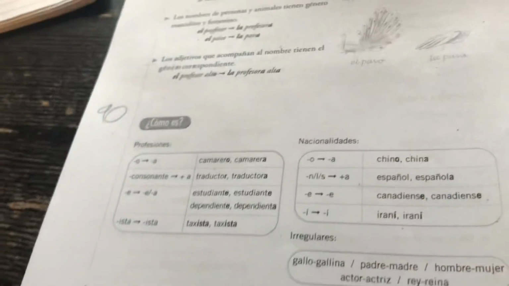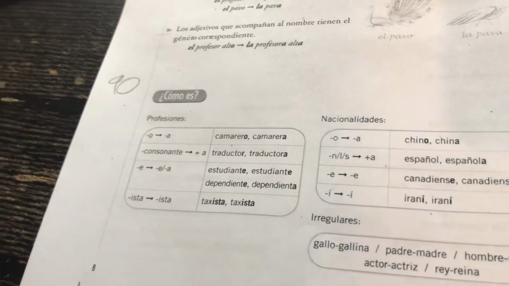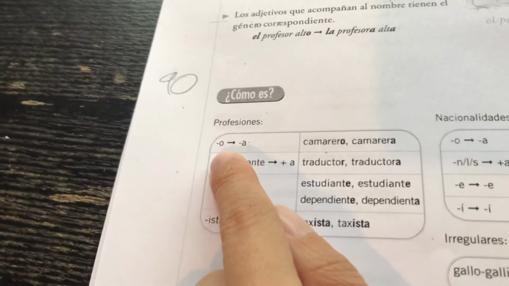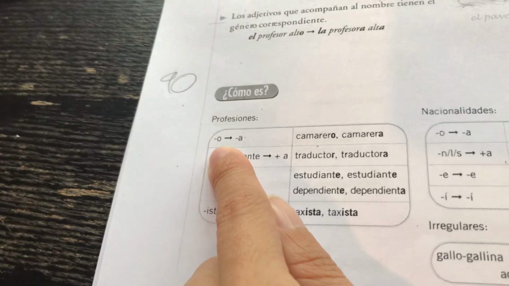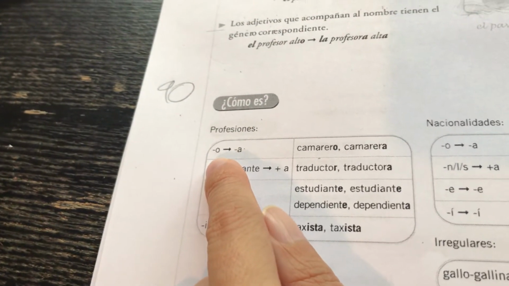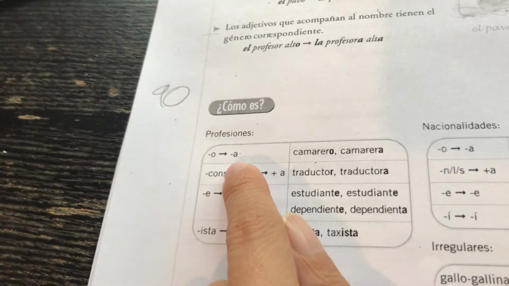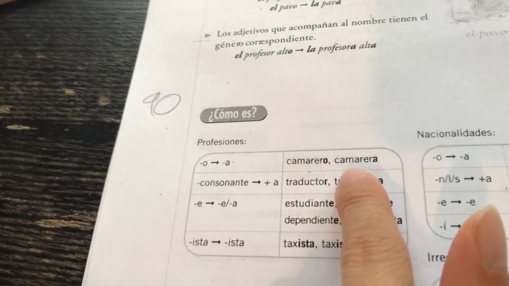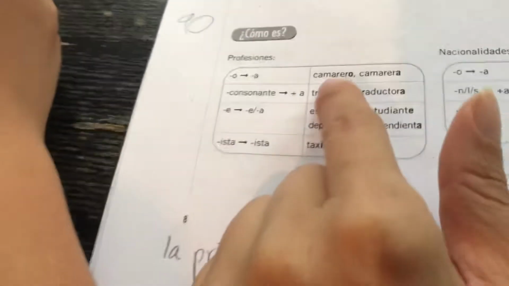Okay, let's see how we transform a noun from masculine to feminine. You see, if the noun finishes with an O, then if you change that O to an A, it becomes feminine. For example, this one.